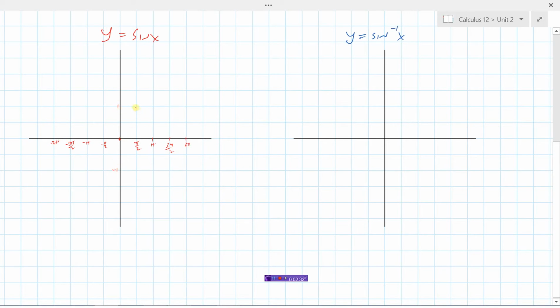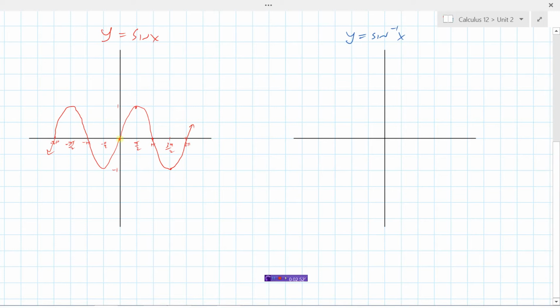So we'd have a dot here, here, 0, and the graph would look something like this. So this is the graph of y equals sine x.